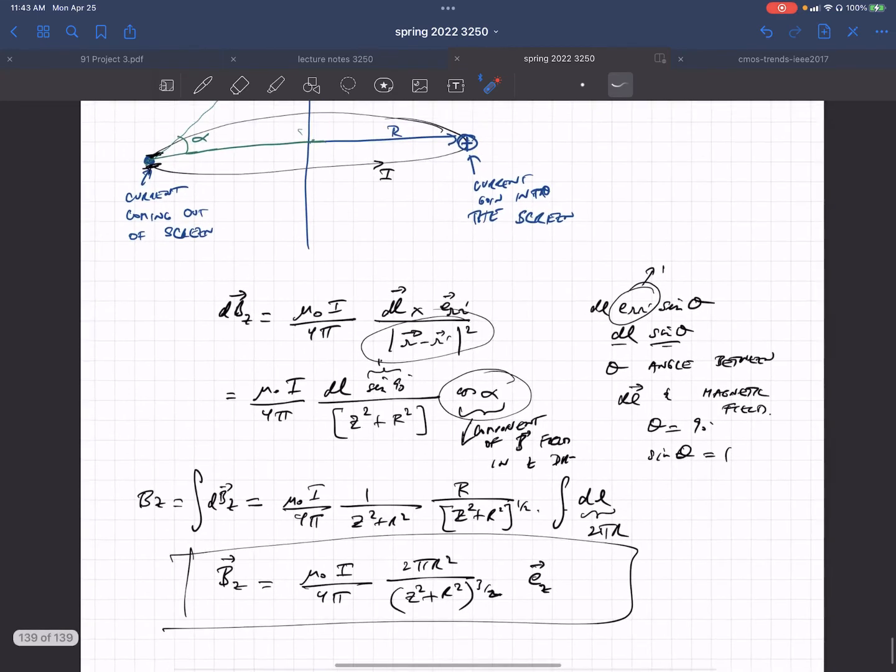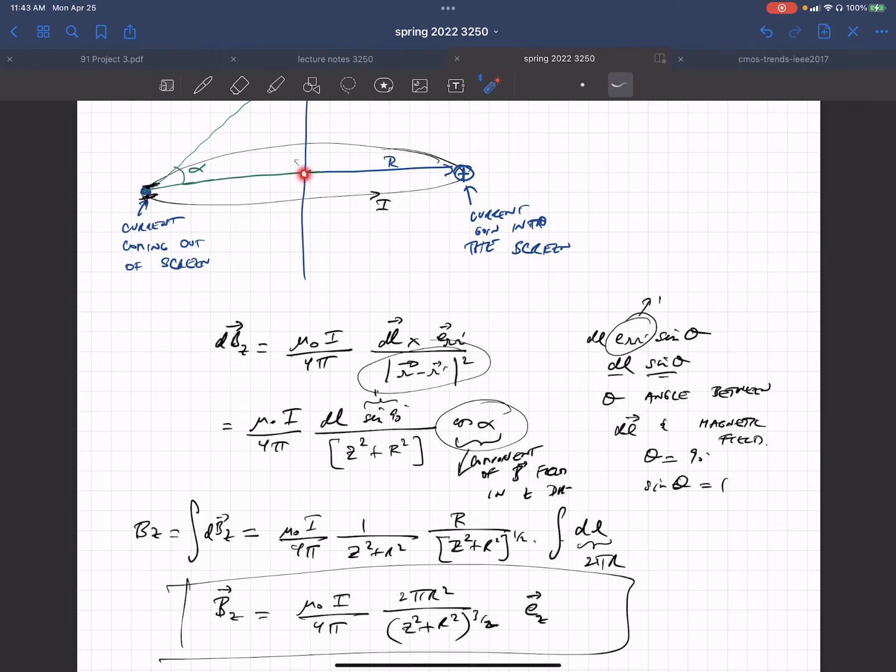Now let's figure out the magnetic field at the center of the loop.